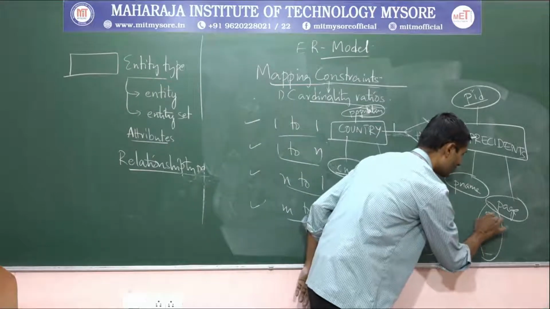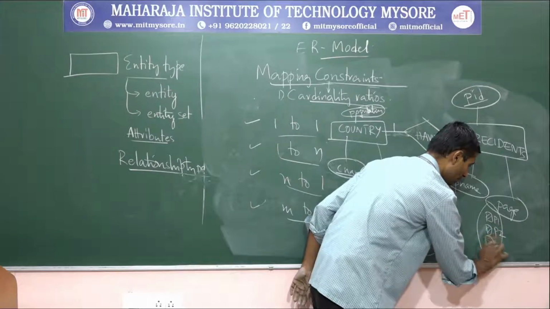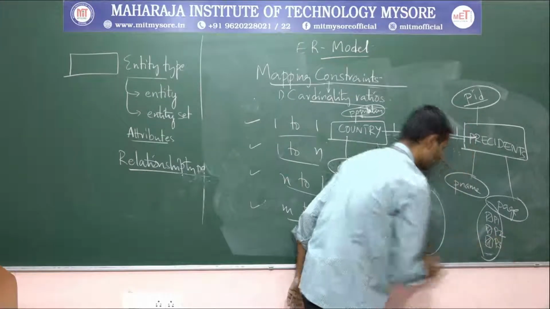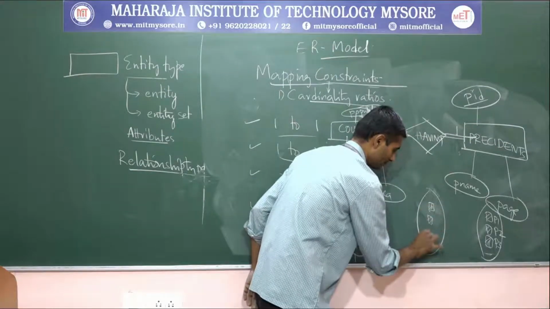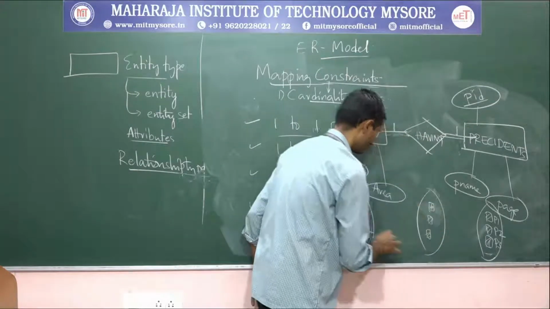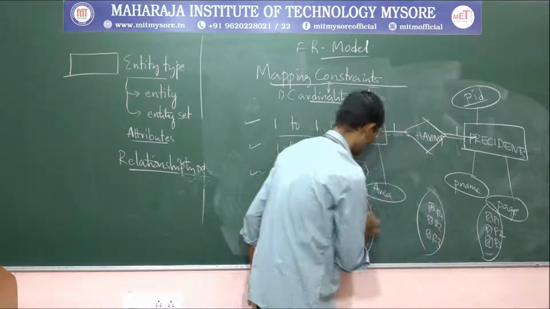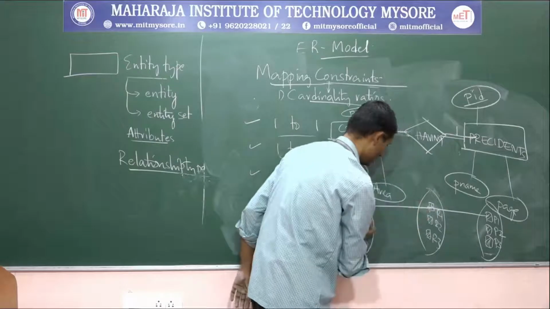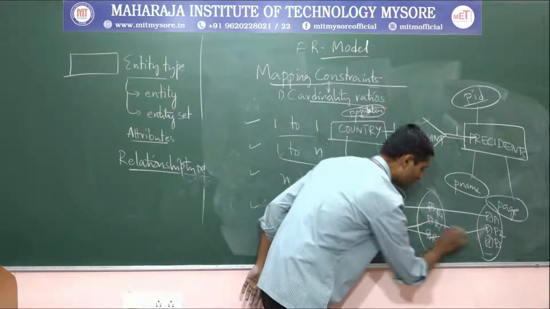Here I am having president instances P1, P2 and P3, 3 instances, and each are connected with some relationship instance R1, R2, R3, you can give any name. So C1 connected with P1, C2 connected with P2, C3 connected with P3.